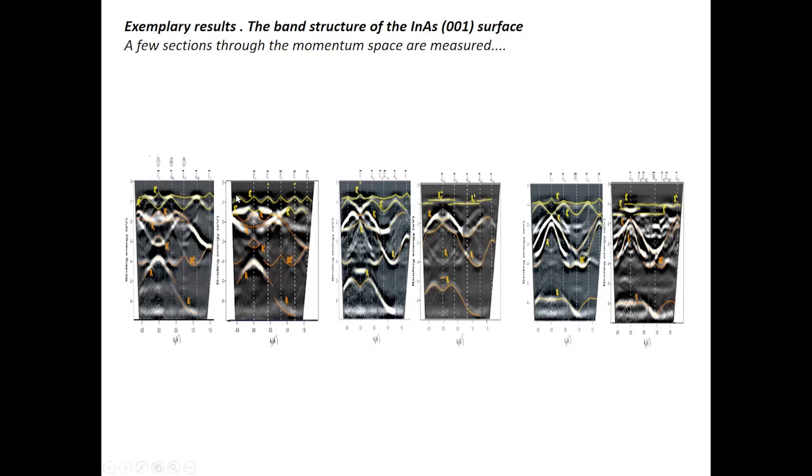These are periodicities of the surface and periodicities of the crystal bulk, and they are of course different on different sections. So as you see, this is quite a complex picture, even in this simplified representation.